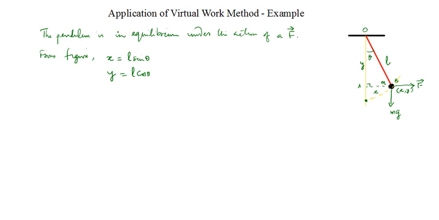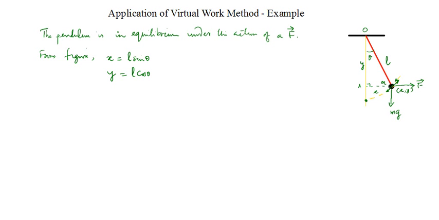Now you imagine that this pendulum bob is given a virtual displacement. Here comes our technique. The virtual displacement should be consistent with the constraints, meaning the bob can move this way by a small amount along the arc of the circle, by very small or infinitesimal amounts.